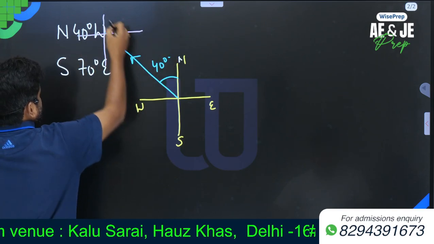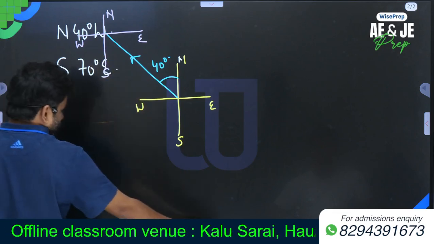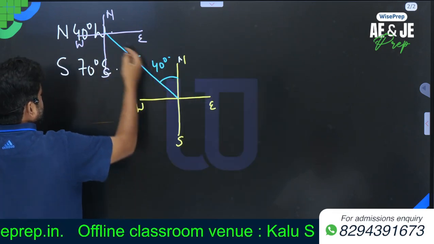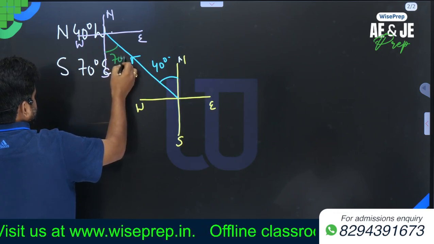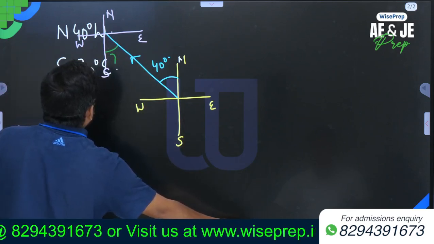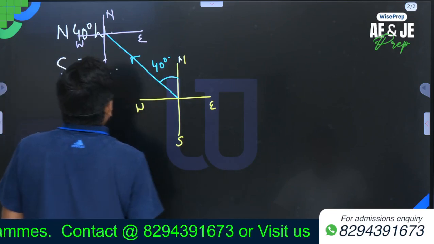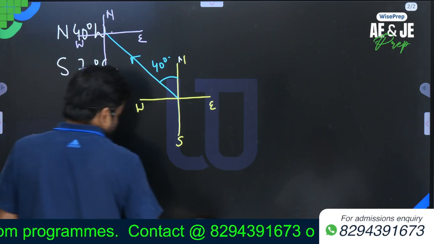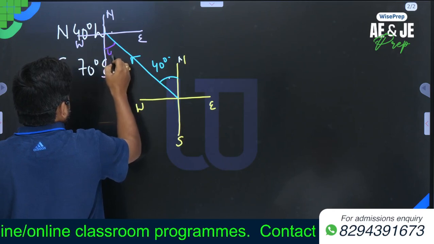So south 70 degree east. Obviously, if this is 40, this is 40.